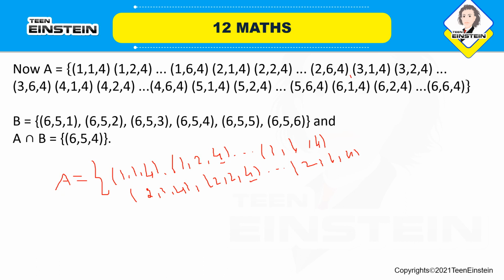That means in the first throw I am getting 3, in the second throw I am getting 1, in the third throw I am getting 4. So in every third throw I am getting 4. So I have to write all the possibilities. 3, 2, 4. First throw 3, second throw 2, third throw 4. Similarly, 3, 6, 4. Then 4, 1, 4. Fix the number 4.